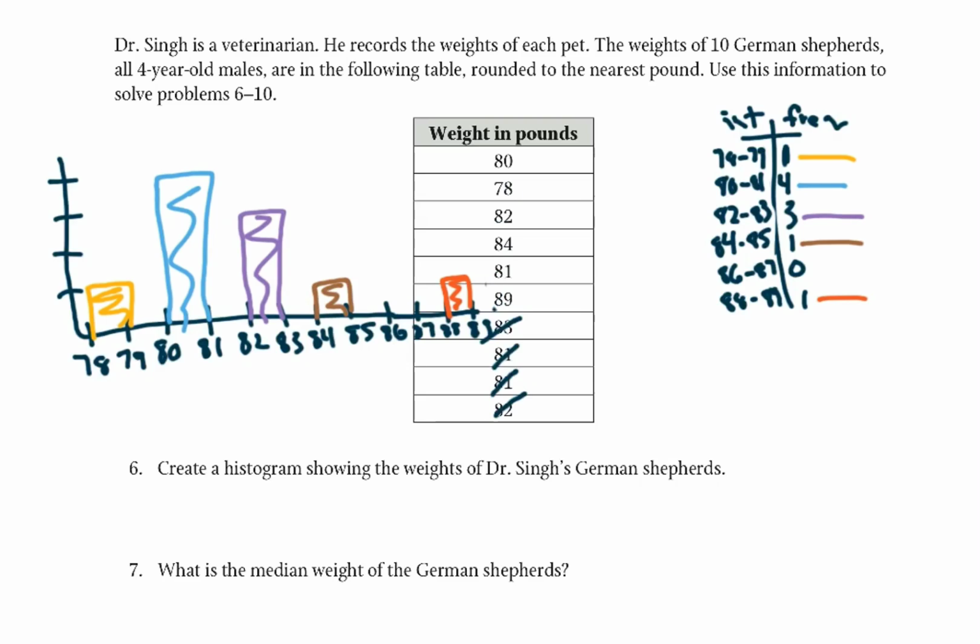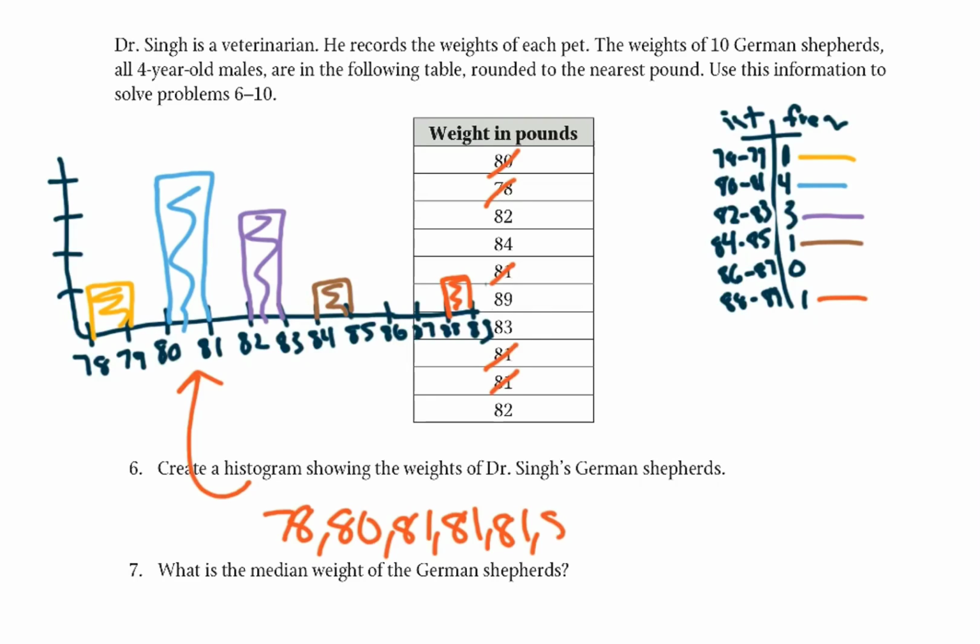Now it wants us to find the median weight of the German Shepherds. Okay, so probably be a good idea to put them in order. Because that histogram doesn't really help us very well, does it, in seeing some of those pieces of information. So I'm just putting them in order.